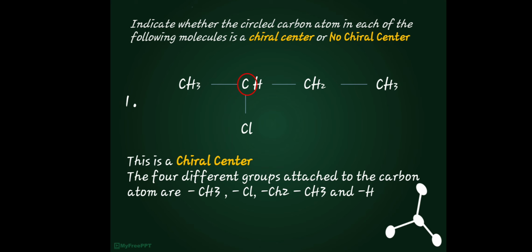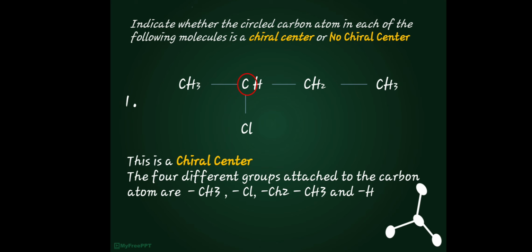Bakit? Meron siyang single bond, and aside from that, there are 4 different groups attached to the carbon. What are those? CH3, chlorine, CH2CH3, and hydrogen. So yan na nga yung sinasabi ko that if the structural formula has a single bond attached to 4 different atoms, meaning to say it has a chiral center.